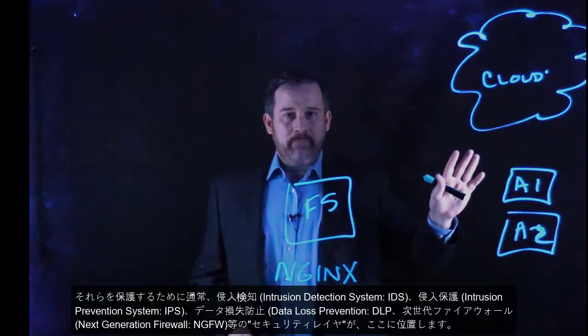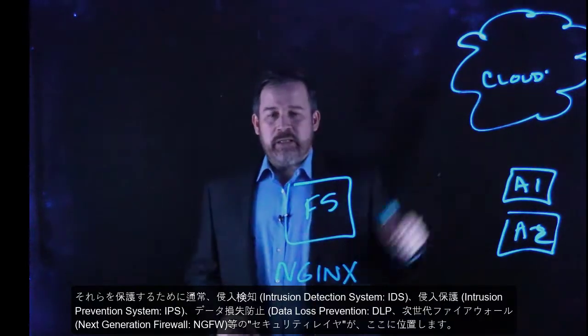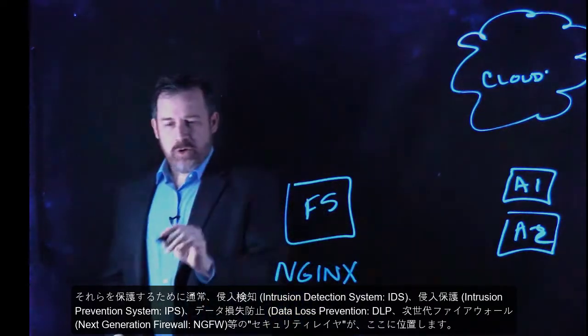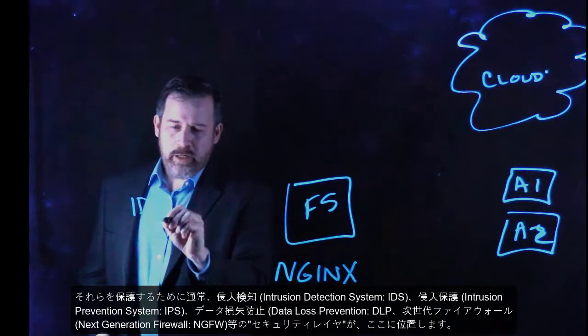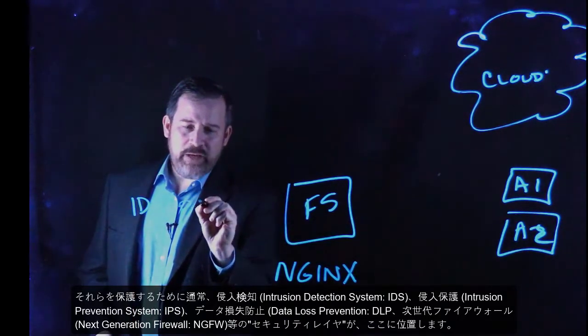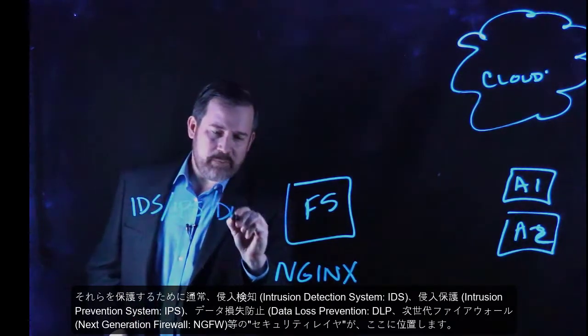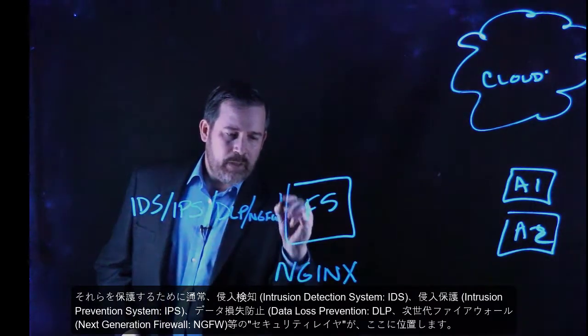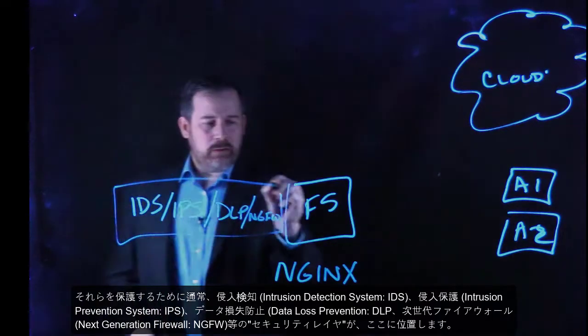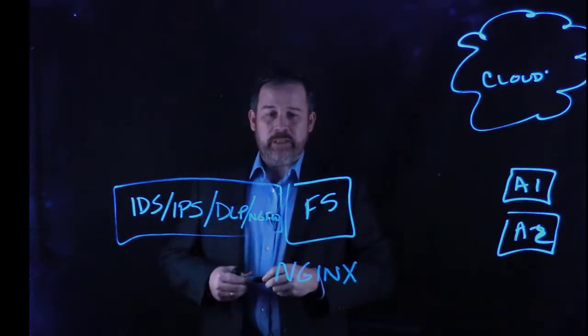To protect them, you have a security layer, and we're just going to draw a security layer out here, most likely intrusion detection, intrusion prevention, data loss prevention, and let's just say next generation firewall. Just to give a real general outline of a security layer here.